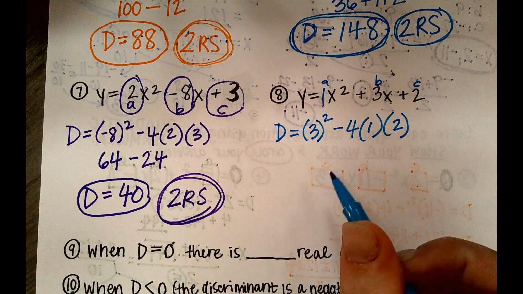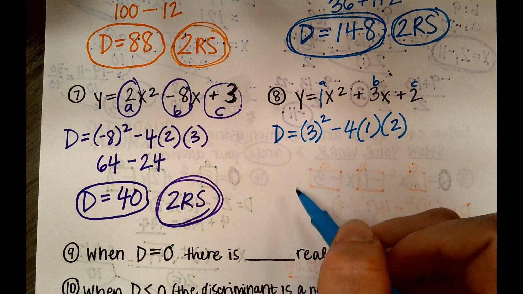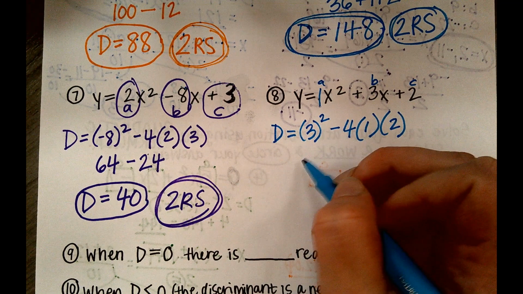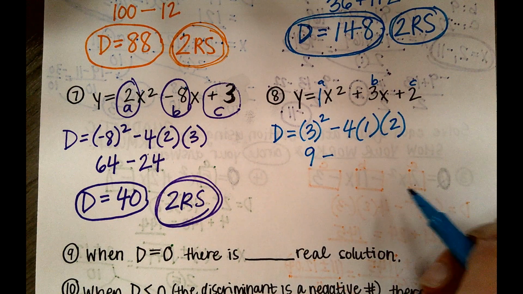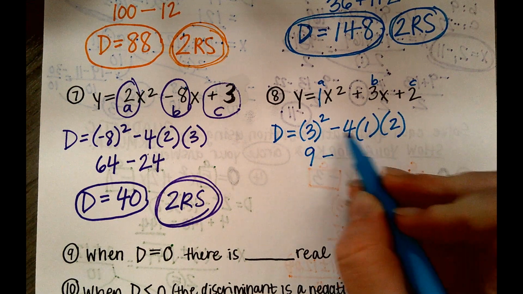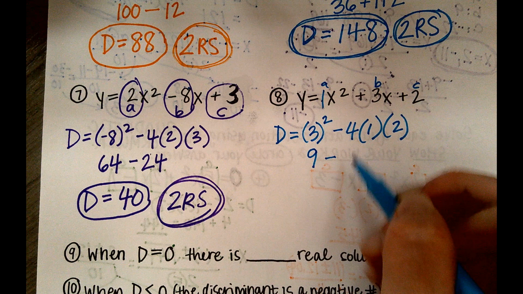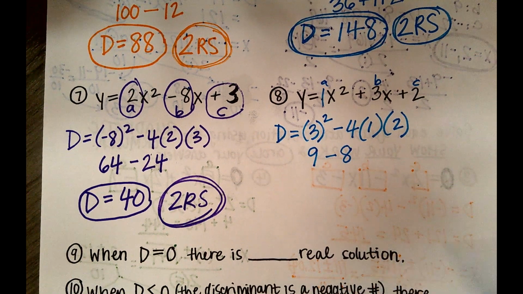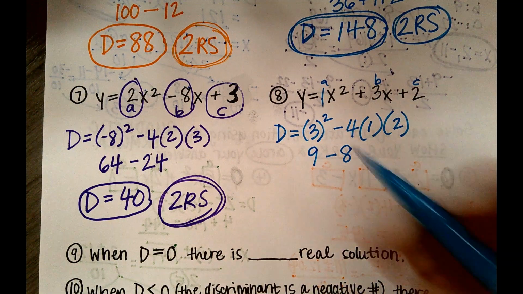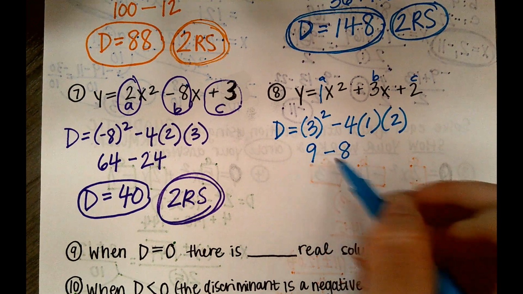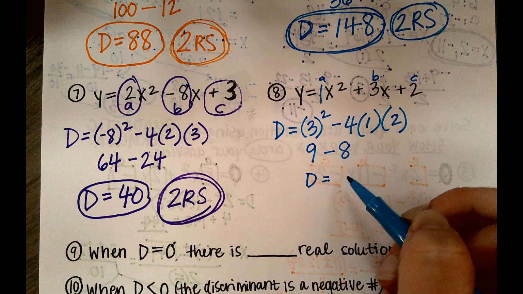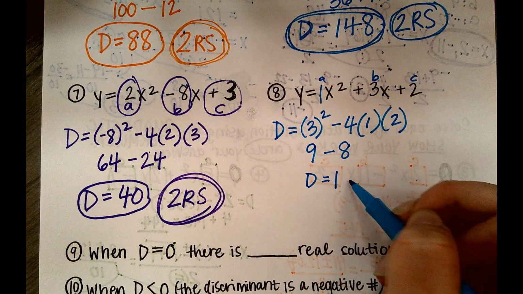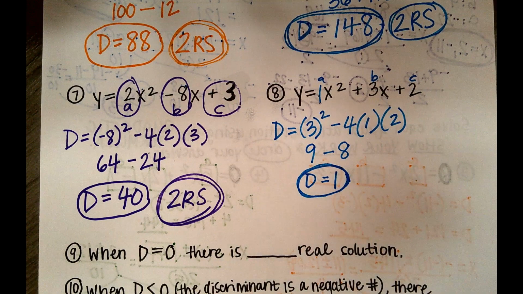Perfect. 3 times 3 is 9. -4 times 1 times 2, there's our -8. Okay, so you got 9 minus 8, you got 1. Perfect. So that's your discriminant.